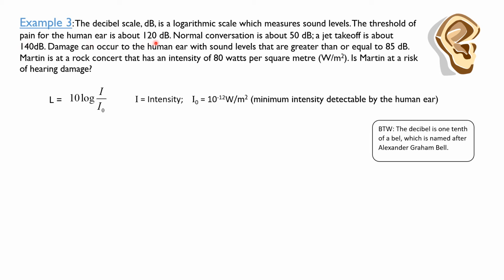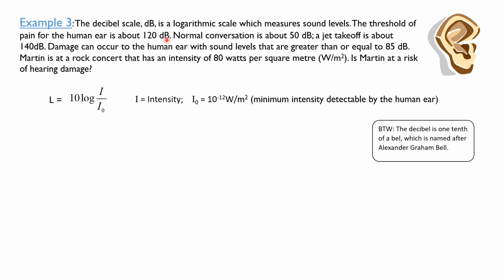That's when you start feeling the pain of the sound being too loud. Normal conversation is about 50 decibels. A jet takeoff is about 140 decibels. Damage can occur to the human ear with sound levels greater than or equal to 85 decibels. So you're going to damage your ear before you feel any pain.